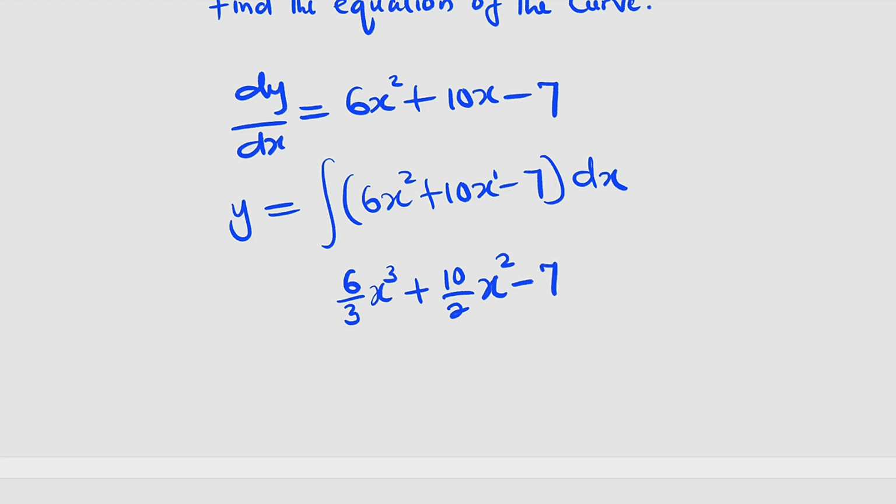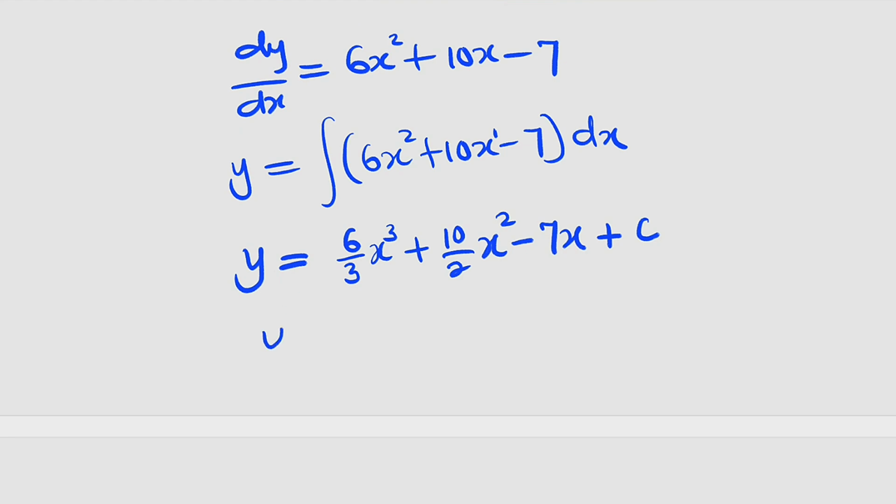So we have 7x plus the constant of integration. Remember, y equal to this. So let's further break it down. We have y equal to 6 divided by 3 is 2x to the power of 3 plus 10 divided by 2 is 5x squared, then minus 7x plus c.